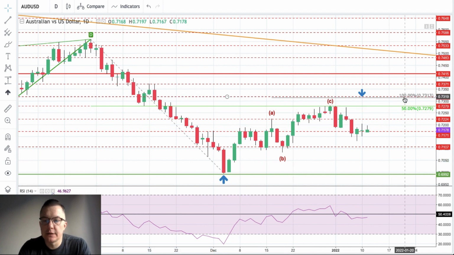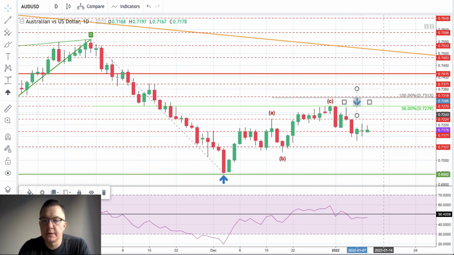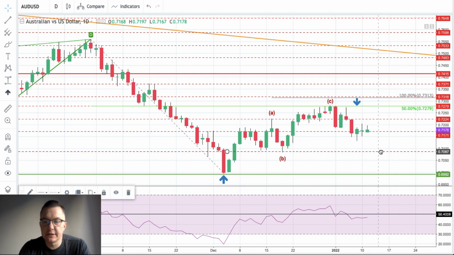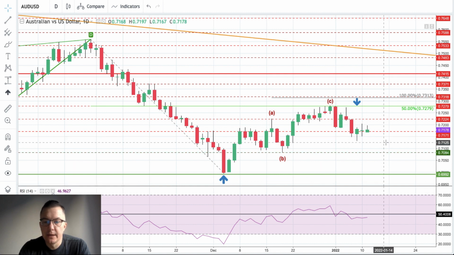So as you can see, let me just put this blue arrow here. We've got this continuation of the down move towards the local technical support. Let me just adjust the technical supports somewhere here. This is one of them, 7,084 pips.